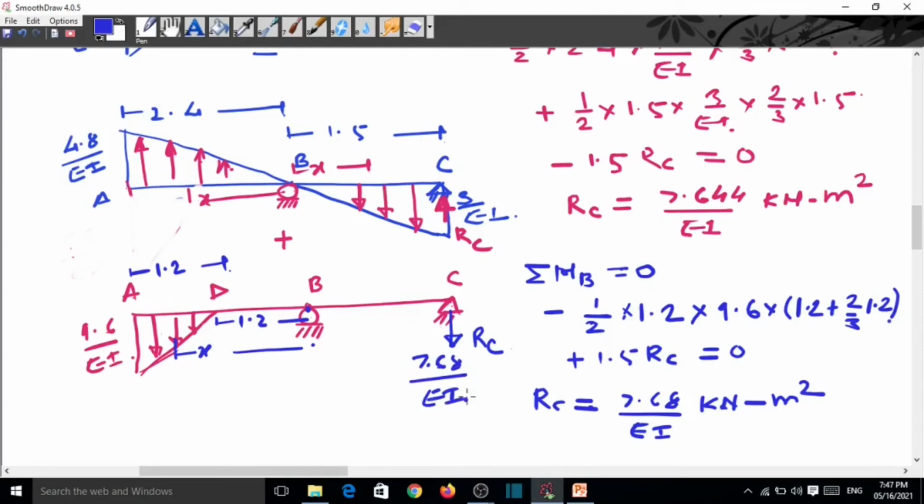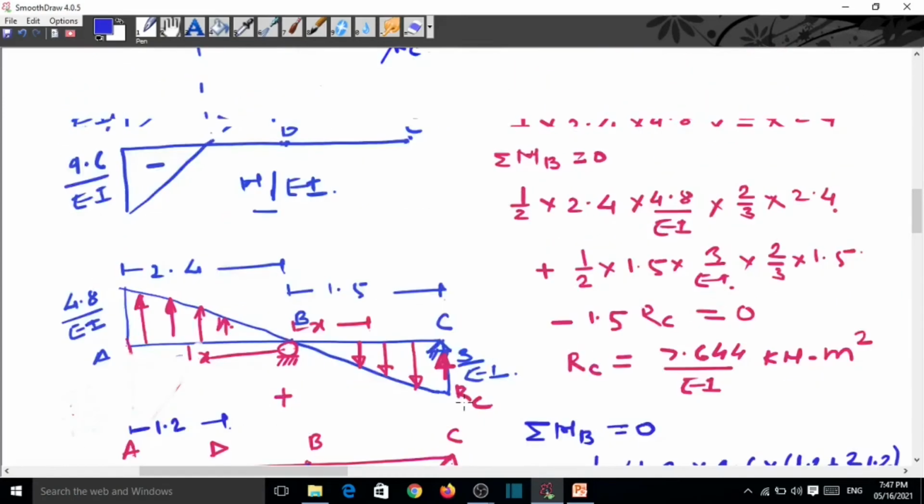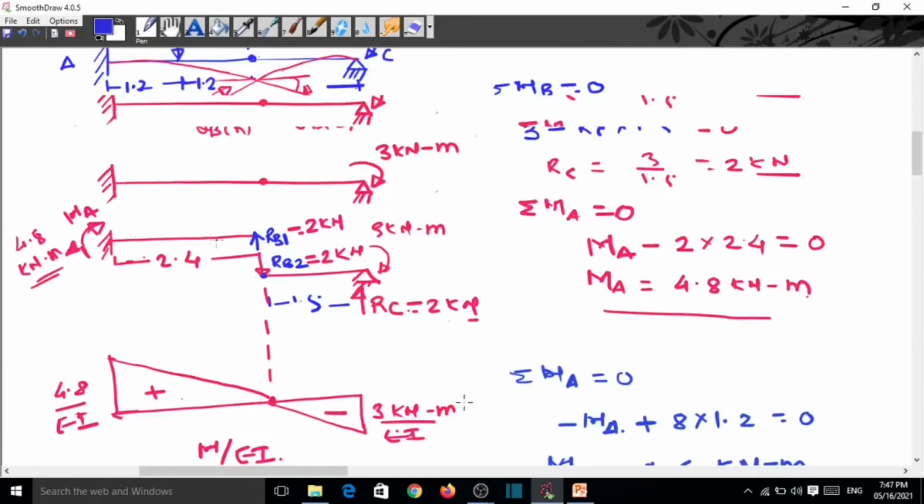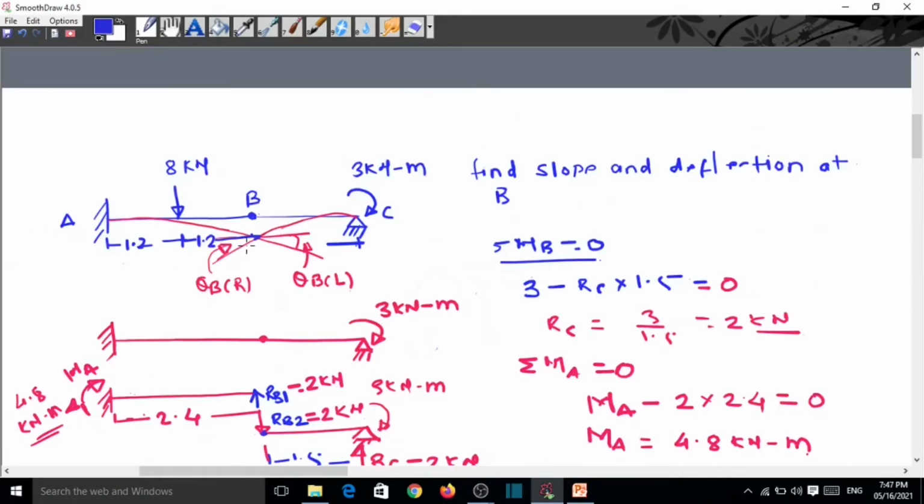Now important is here now form. So here from this theta b from the right side, and this is theta b from the left side. So if you want to find the theta b from the right side, we have to find the shear force at b from the right side.